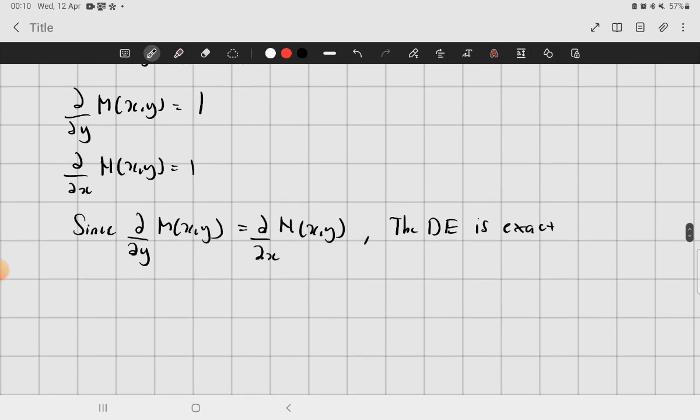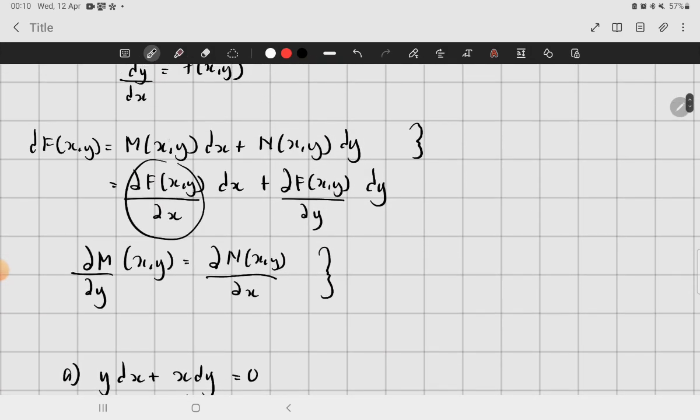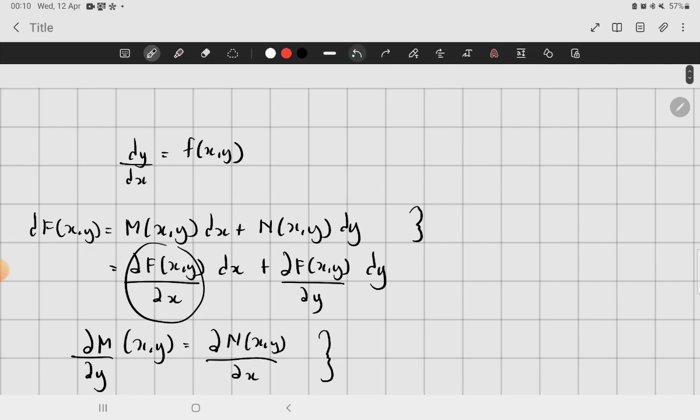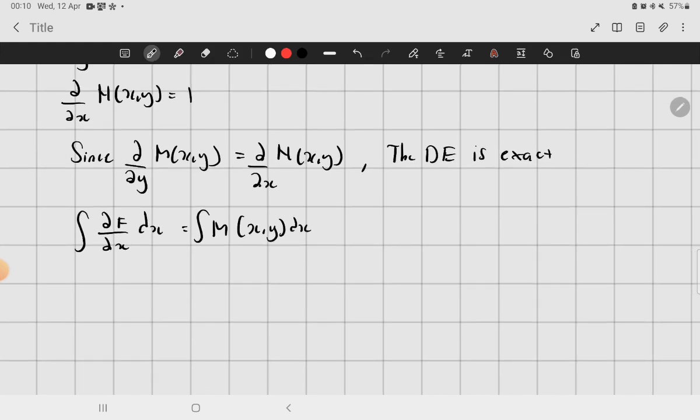So first, to solve it, we have to integrate the function M with respect to x. In other words, we will do it like this: ∂f/∂x, as I recall, is similar to the function M. So by integrating the function M, the partial derivative on the left hand side becomes f. Integrating is the same as differentiating partially: you treat one variable and treat the other as a constant.